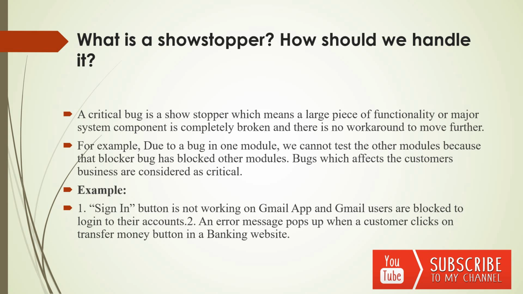Another: an error message pops up when a customer clicks the transfer money button on a banking website. As I've told you, in banking there are a lot of critical functionalities, and if that breaks, it's called a showstopper. If you're preparing for banking or insurance, these are the terminologies being used, and this is one of the main things.